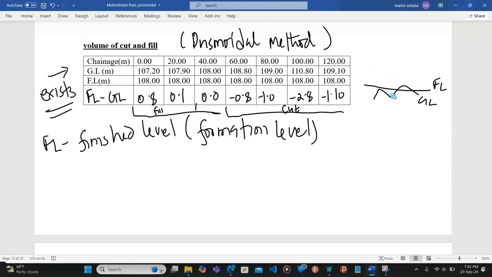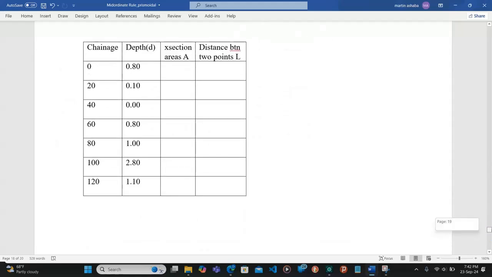Like here, this is going to be positive because the FL is higher than the ground level. So let's look at how we can determine the areas at each of those cross sections.